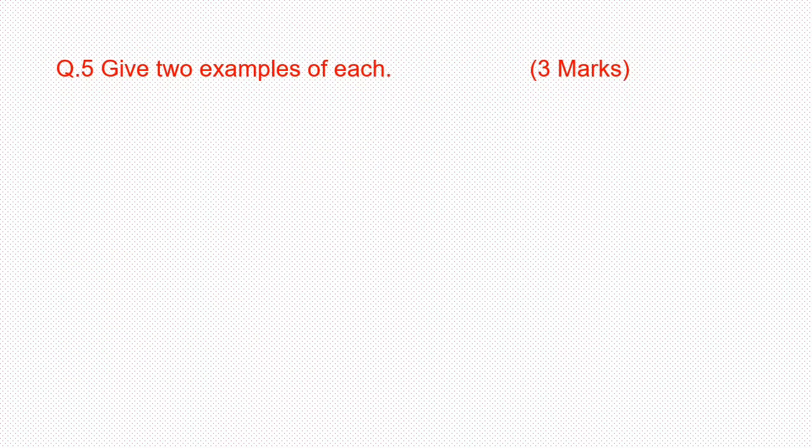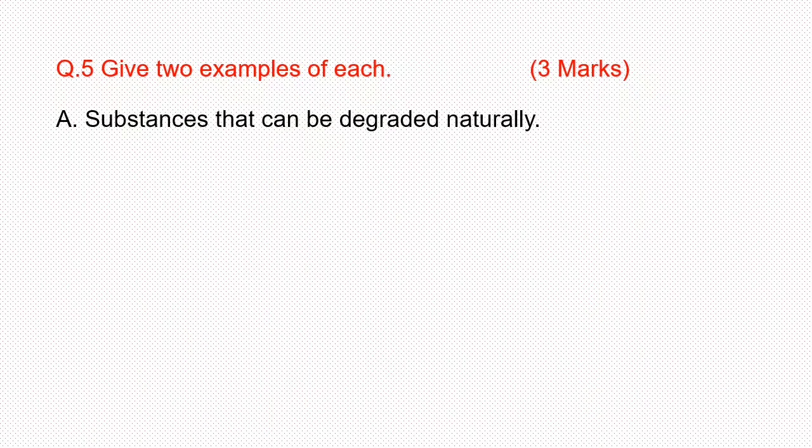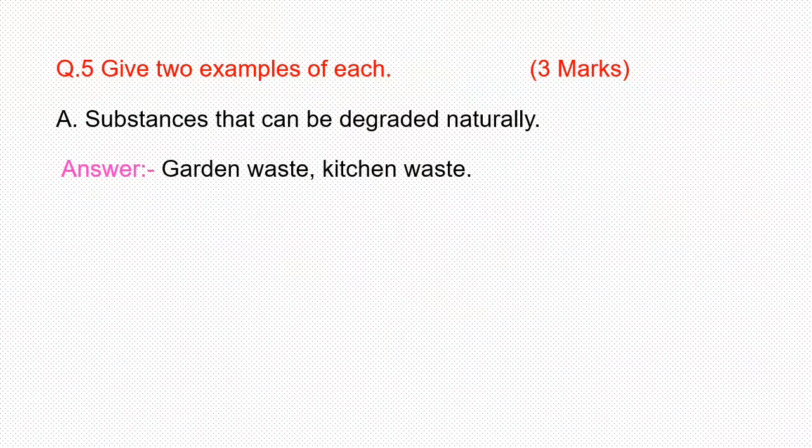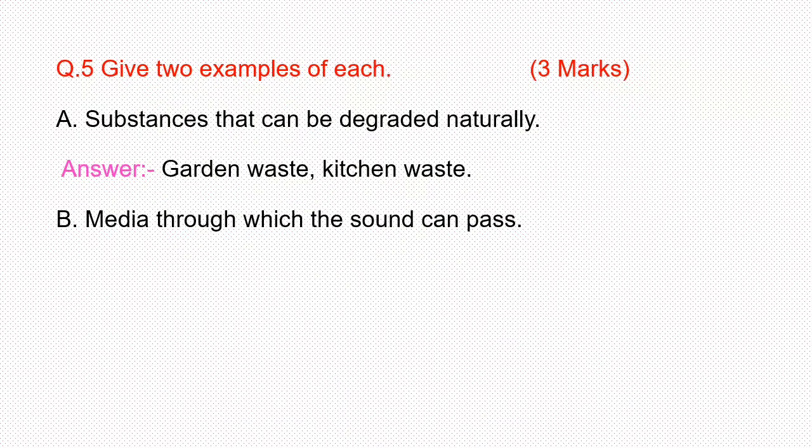Question number 5. Give 2 examples of each. This question is for 3 marks. Substances that can be degraded naturally. And the answer is, garden waste, kitchen waste. These wastes can be degraded naturally. Second, media through which sound can pass.